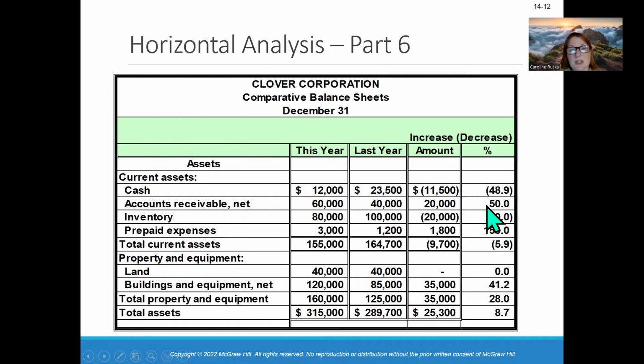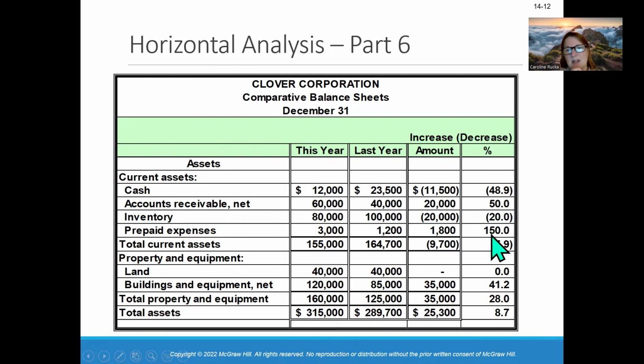But we had 50% more accounts receivable. Okay, these two make sense from an audit perspective. So we have less cash now, but we took a lot more receivables. So we're doing more sales on credit. Okay, that kind of makes sense. Inventory, 20% less. Okay, that makes sense.